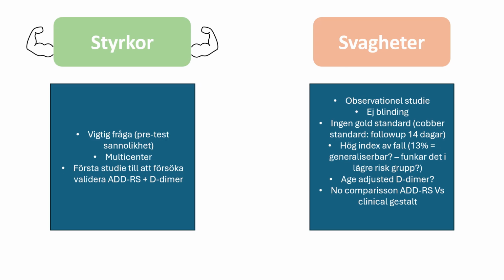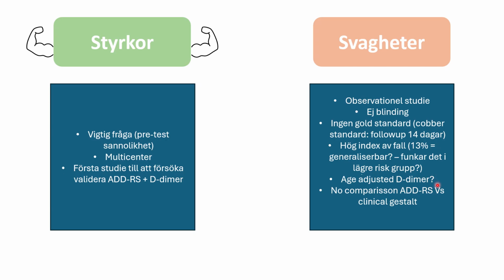Like 13% of all the patients that were screened had an aortic dissection. That's a high hit rate. The question is, is everyone as good as the physicians in this study at picking out these patients? I don't know.